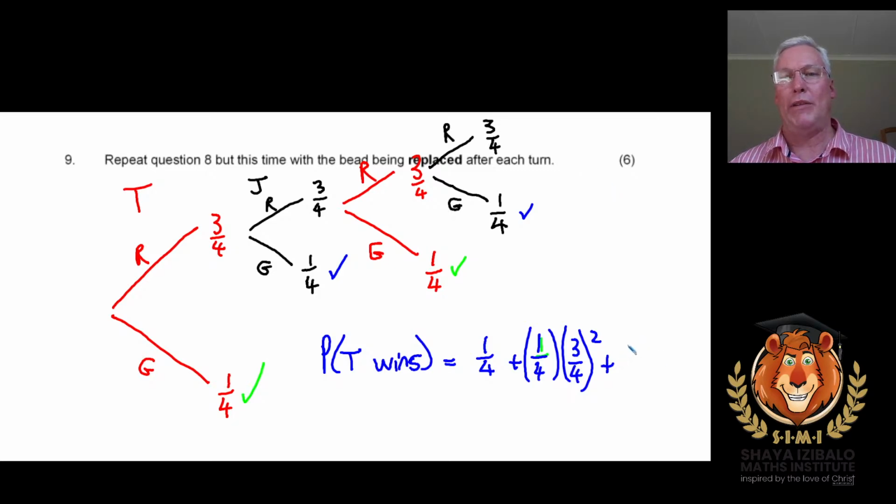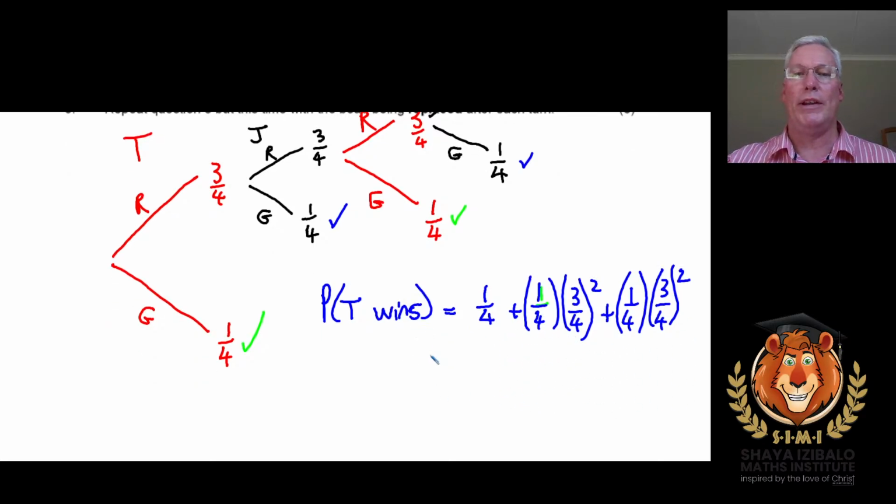All right. So the next one would be actually a quarter times 3/4 squared. Right. And this is actually an infinite geometric series. A is a quarter, and R is 3/4 squared.